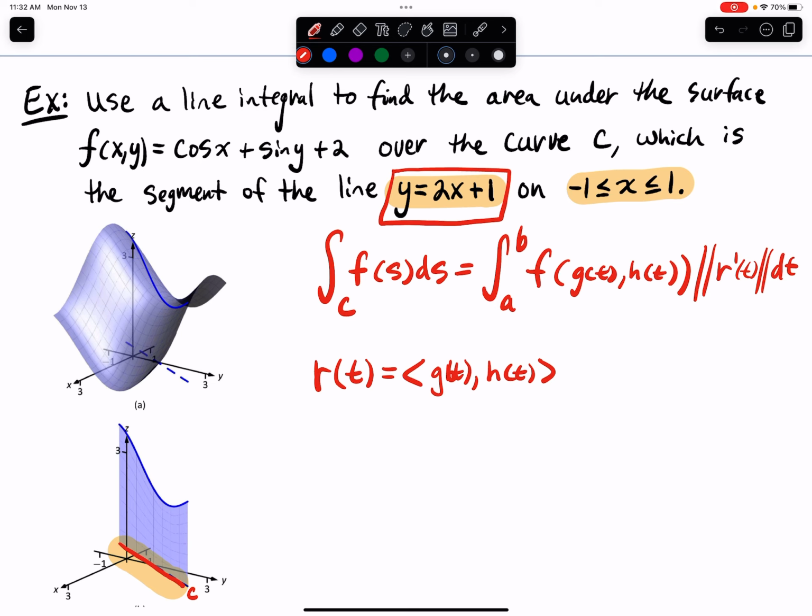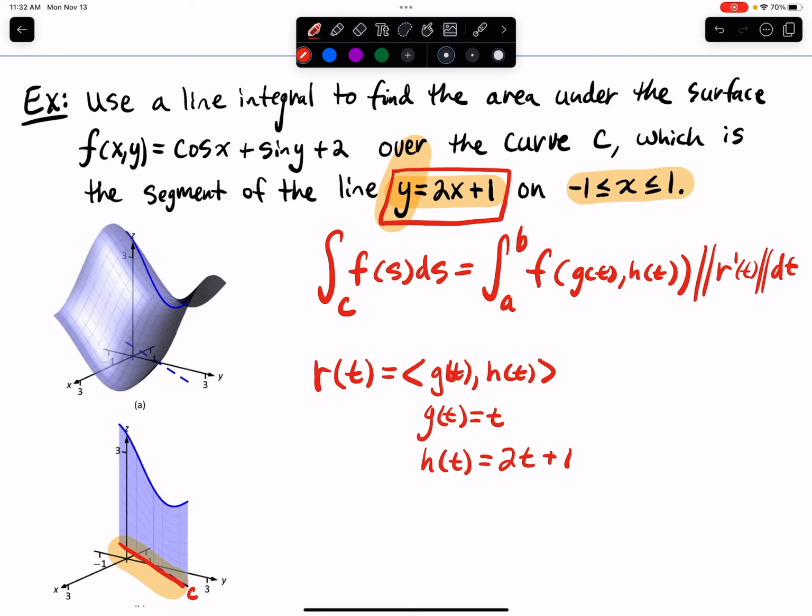Now, the independent variable is x, and the dependent y is dependent on what input for x, right? So y is equal to 2x plus 1. So if I'm going to parameterize this, then this g of t part, the independent variable, is t, and at any given value, if I want to get the y value, that h of t, then I need to do 2 times t plus 1 to get the y part.